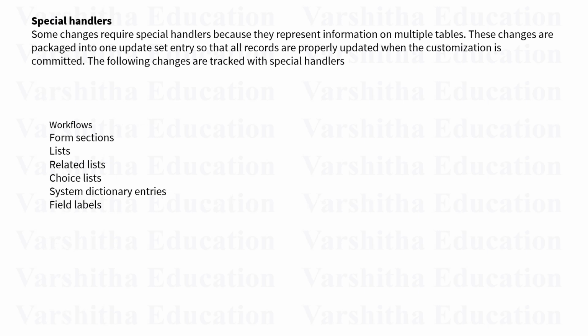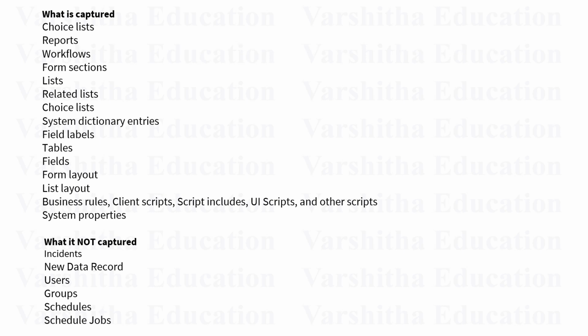See, the special handlers means in these areas we can use that update set. But in that also, specifically, which is right to capture, which is not right to capture. That is very, very important.